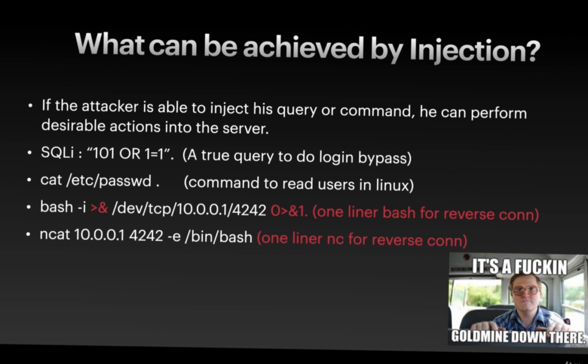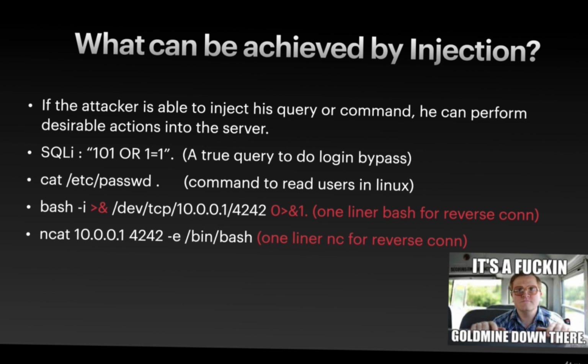What can be achieved by injection is the second question. If an attacker is able to inject his query or command, he can perform a lot of desirable actions on the server. For example, a SQL injection authentication bypass query, as can be seen, is 1 or 1 equals 1, which makes the condition true, and this can perform a login bypass on many applications.